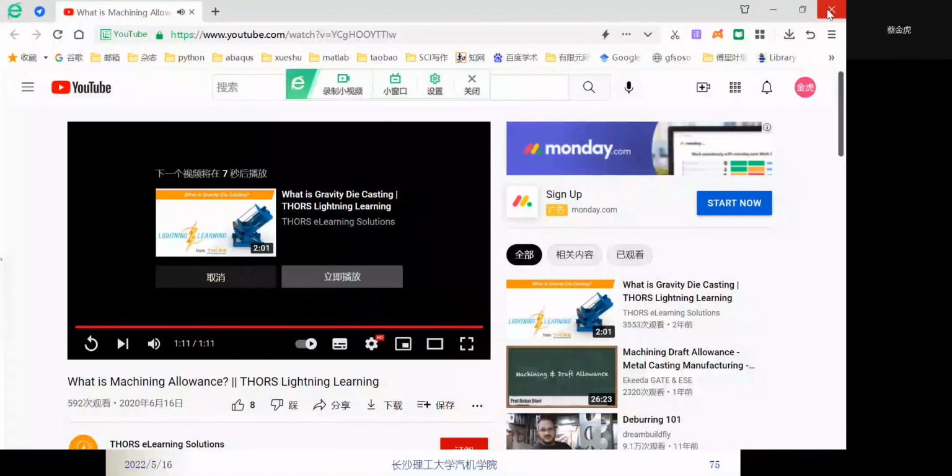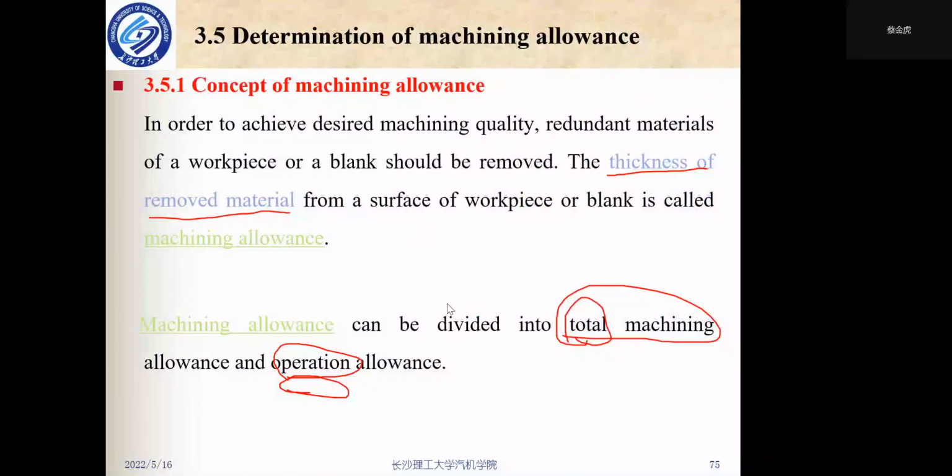So we have seen the video about machining allowance. Up to now, we have learned the definition of machining allowance. It is the thickness of removed material from a surface of a workpiece or blank, and it can be divided into total machining allowance and operation allowance.